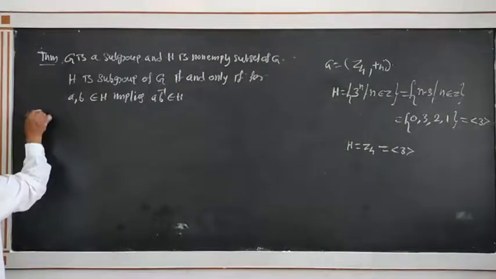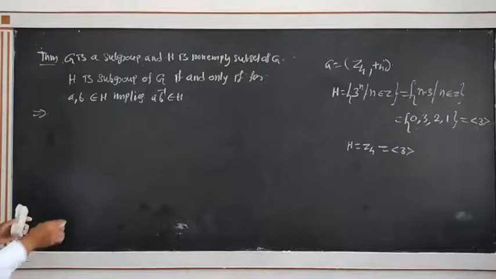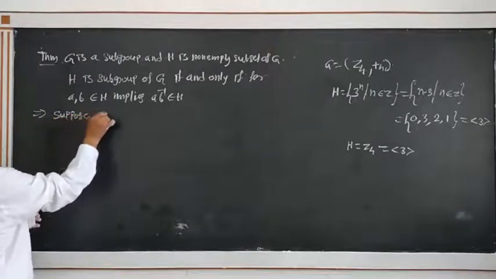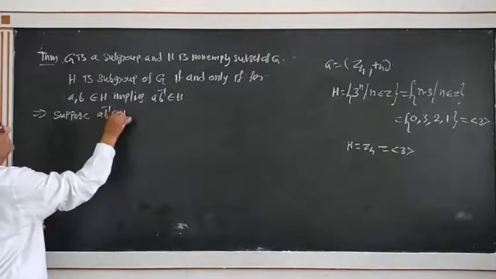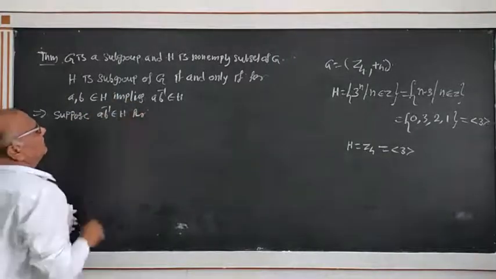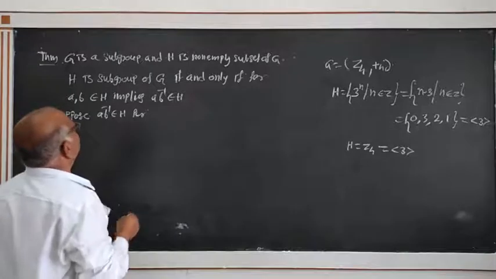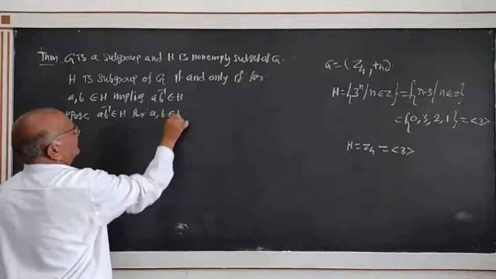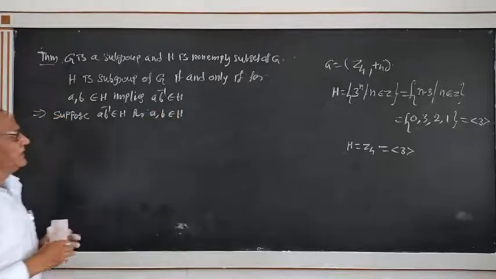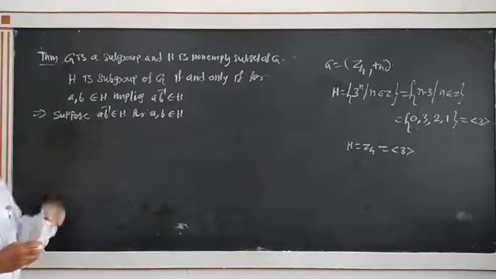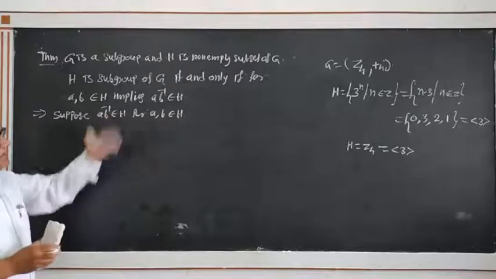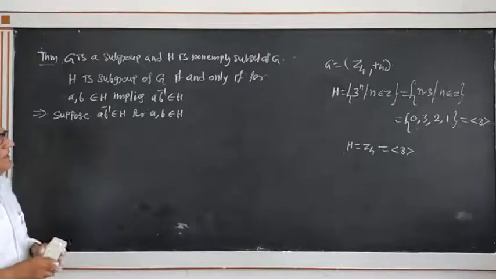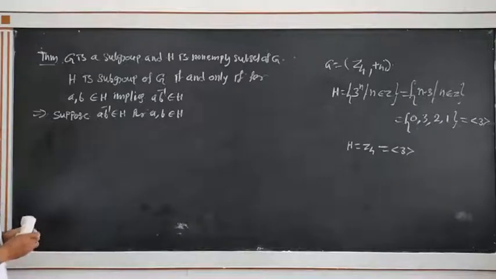Here, suppose a b inverse belongs to H for a, b belongs to H. We want to show H is a subgroup of G, that is, to show closure property, existence of identity, and existence of inverse.